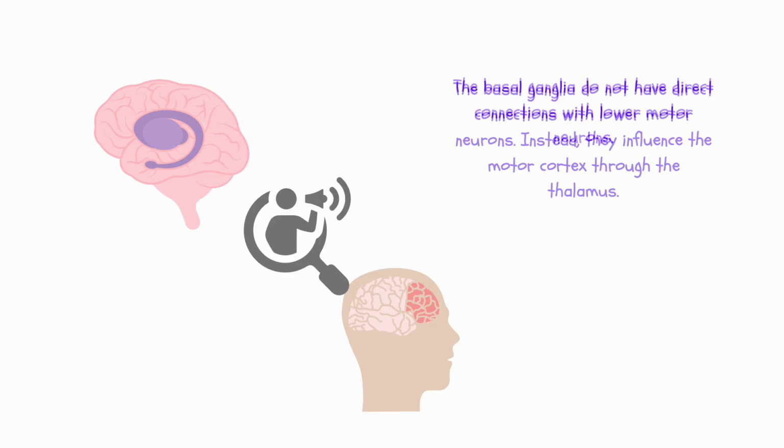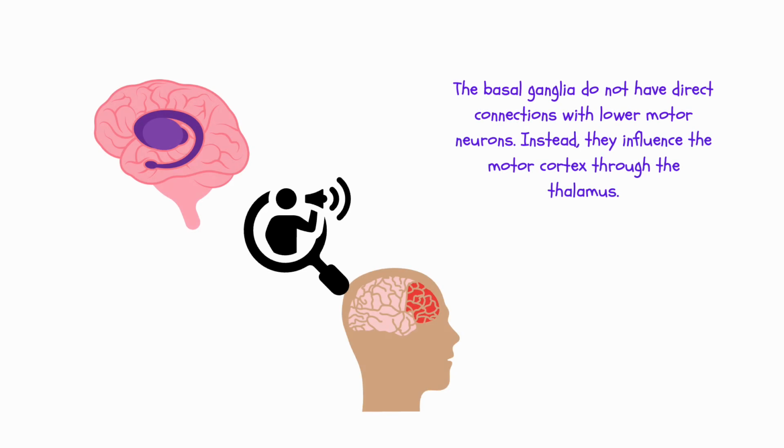The basal ganglia do not have any direct connection with the lower motor neurons. So, they cannot control the muscles directly. However, they influence the motor cortex through the thalamus.